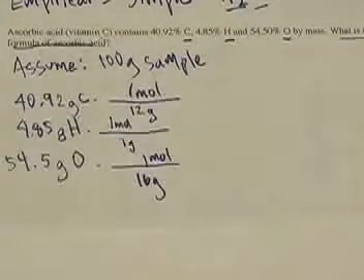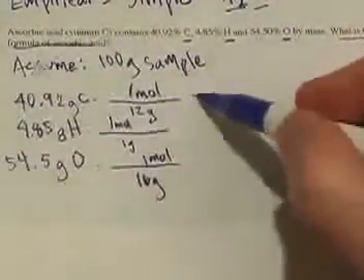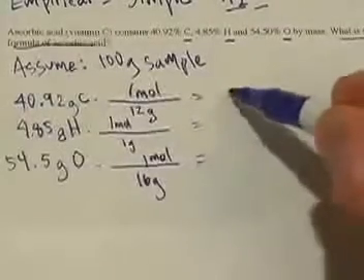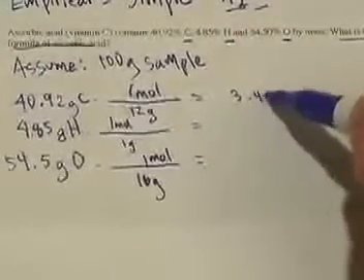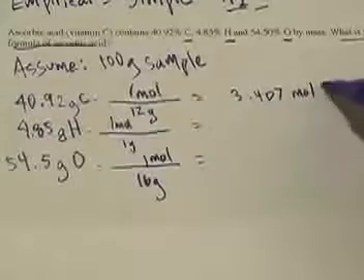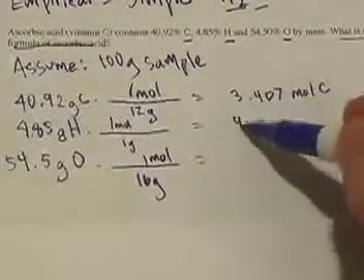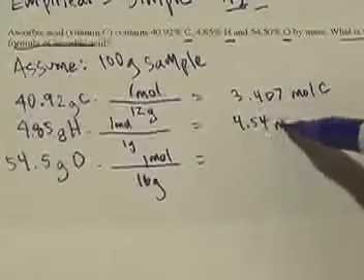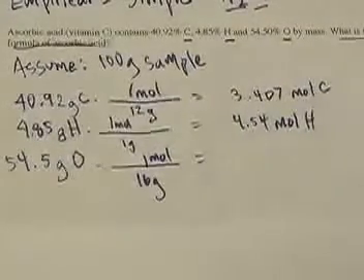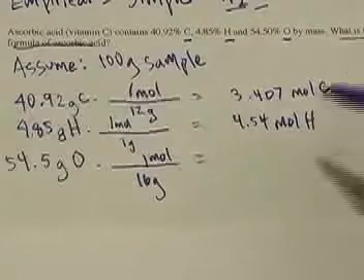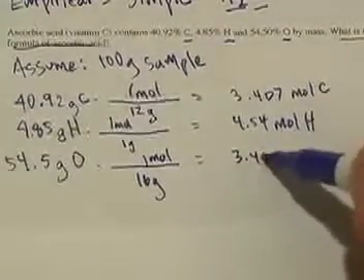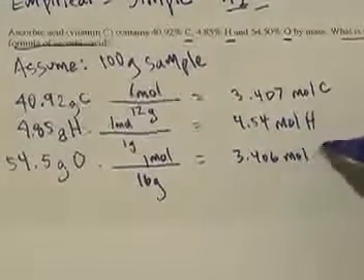Once I convert each of these to moles, I find out that there are 3.407 moles of carbon, 4.54 moles of hydrogen, and 3.406 moles of oxygen.